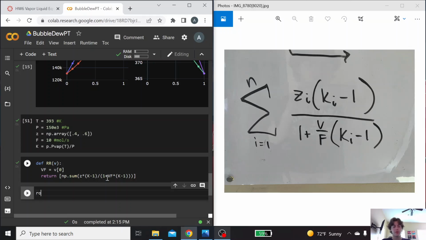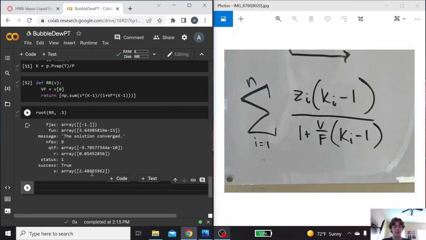So now we can solve it using root. We have our function, which is RR, and I'm going to make a guess of 0.5. And there is the vapor mole fraction.